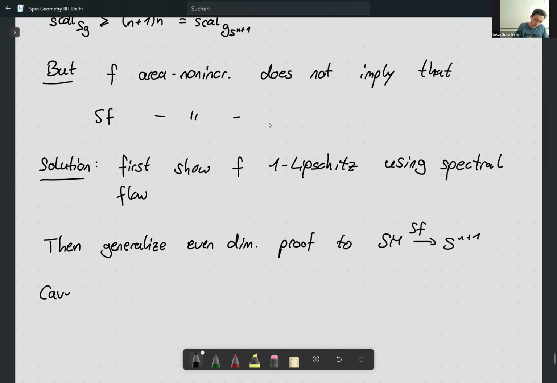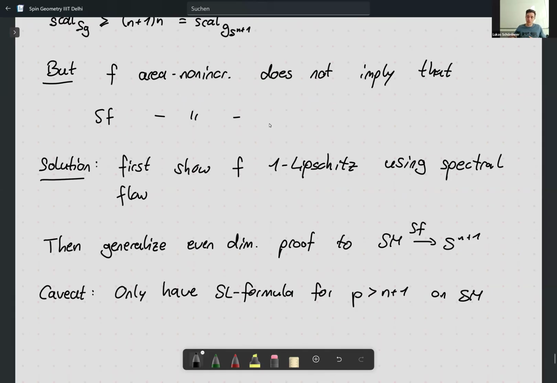But there's one caveat that I should mention. One problem is that we have the Schrödinger-Lichnerowicz-Llarull formula only for p bigger than n+1 on the spherical suspension, because the formula holds in this Sobolev setting if p is bigger than the dimension.